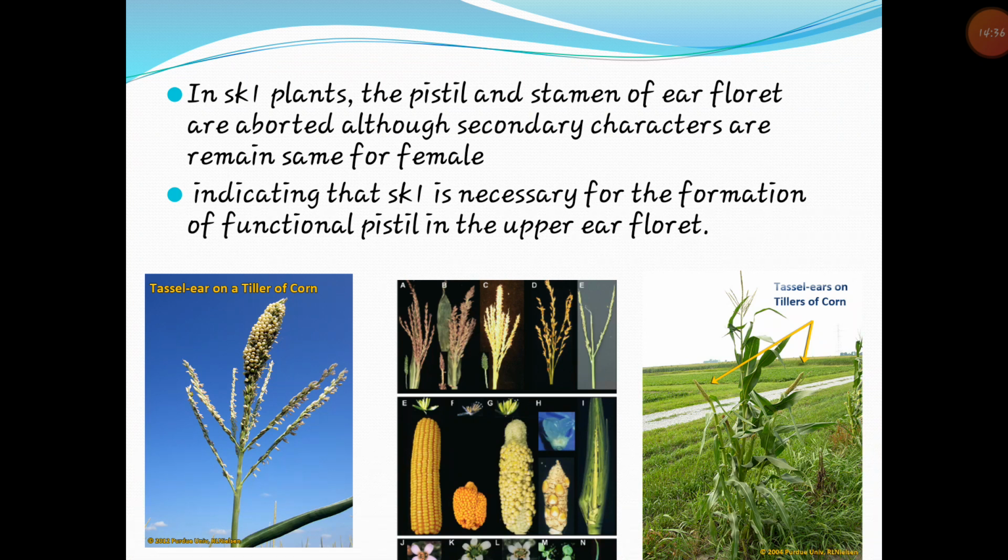Now we'll see the remaining part in the genic balance theory, that is gynandromorph. Sometimes in an unfertilized egg of Drosophila, the first mitotic division of the zygote or a later mitotic division of the embryo may have irregularity.